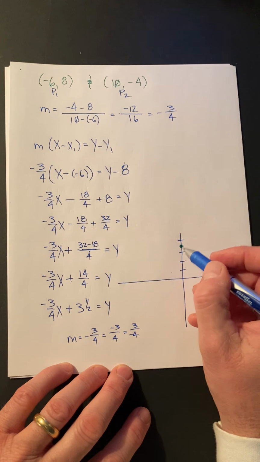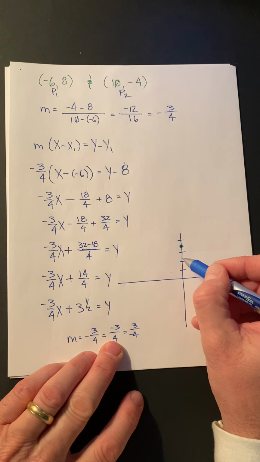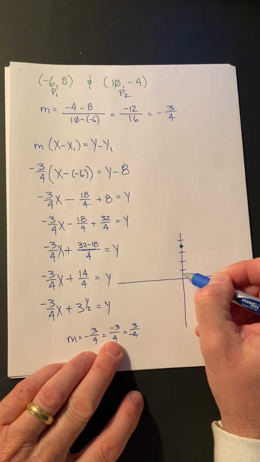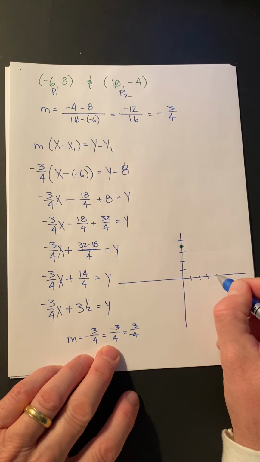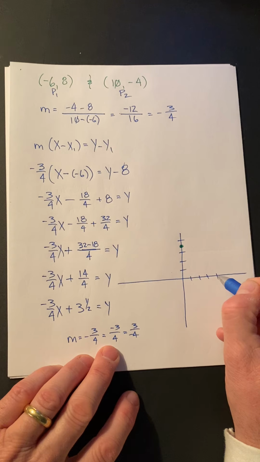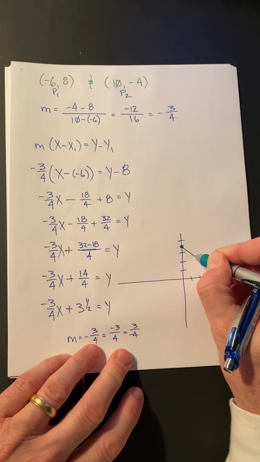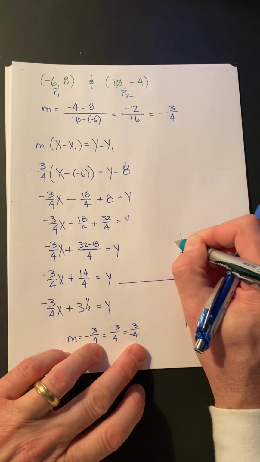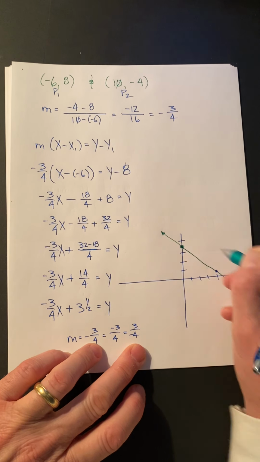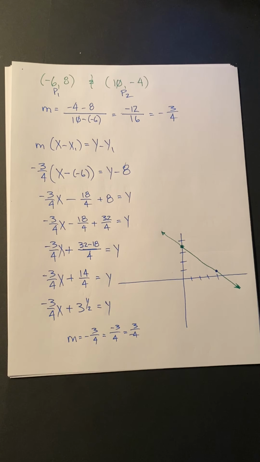So I'm going to use this one and I'm going to rise −3. So 1, 2, 3, and then I'm going to run 4. 1, 2, 3, 4. All right, so I'm going to come right through here, and now I have my two points. I can connect them and end up with the graph of my line.